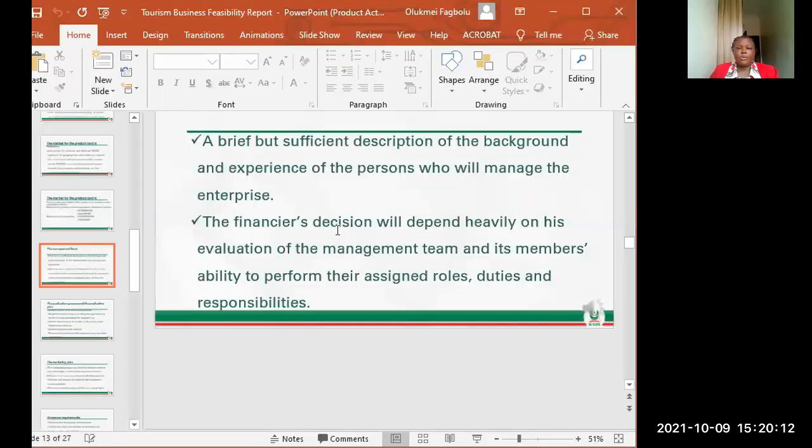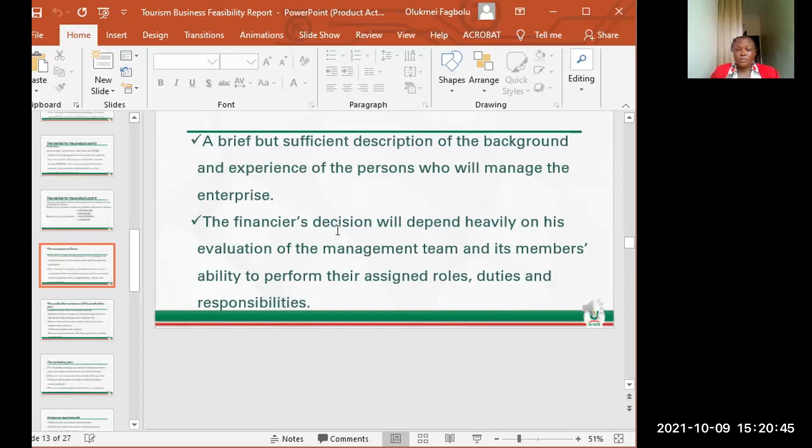So I talk of the management team. Under these components, we are going to state the number of personnel that will be in the team, that is, the number of people that will be involved in running the business, from the manager to other people. It can consist of the manager, maybe supervisors, sectional heads, clerical staff.